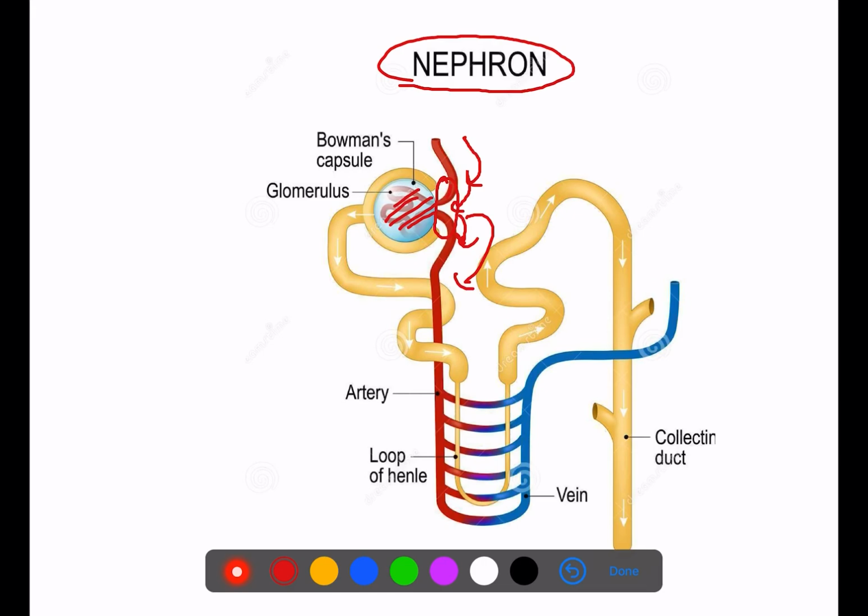This efferent artery then goes to the tubule, and from the tubule it turns over to become a vein. This is an important thing.